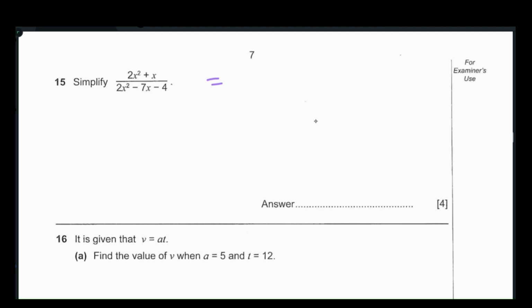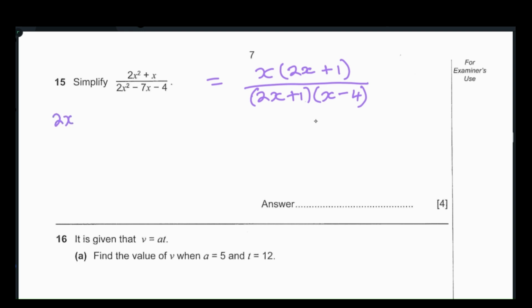I'll factor out x from the numerator. The denominator: 2x plus 1 multiplied by x minus 4.